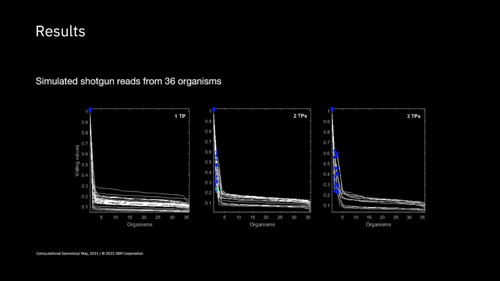We would like it to be at one as well, because you want the voting function to tell you that one means it's a true positive, and the lower you go, the less likely it is to be a true positive. So it gets some information, but not everything.